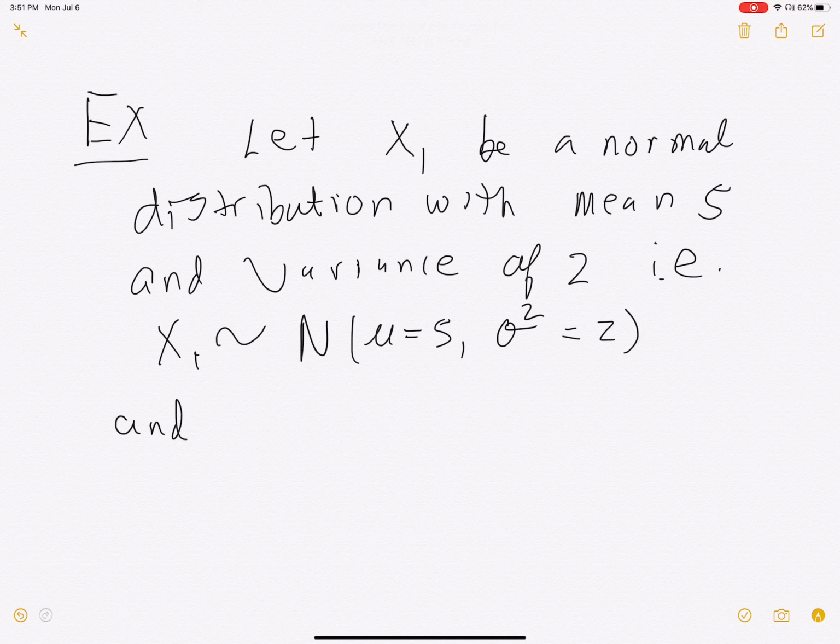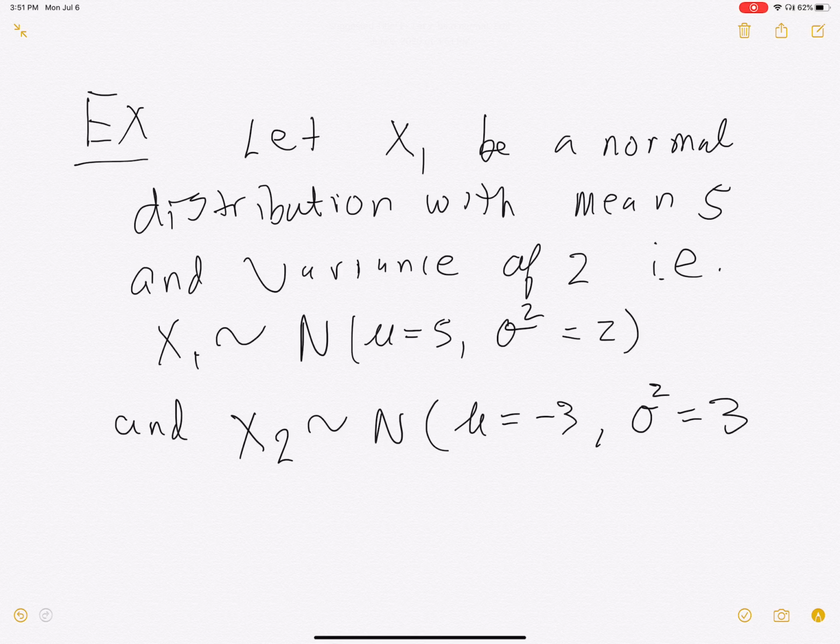And instead of writing all of that out for x2, I'm just going to write that x2 is also normal with mean equal to -3 and sigma squared equal to 3. Okay.